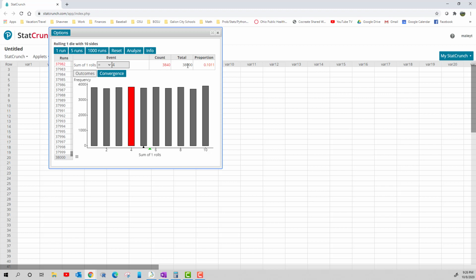So if I take 1/10 times 38,000, that gives me 3,800, right? So each of these frequencies are going to be right around 3,800. So that's 3,813, 3,740, right? So they're not going to be exact, but you'll notice that all of these are right around 3,800. So if this was relative frequency over here, these would line up to be about 1/10, right?